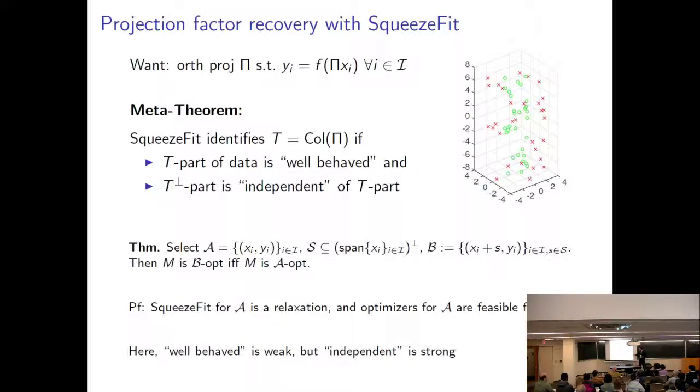It turns out that when you do SqueezeFit for this Minkowski sum, you can express it as a relaxation of the original, like if you were to get the delta fixed data in the T part, and the result falls out.